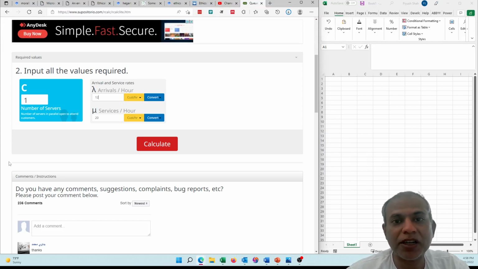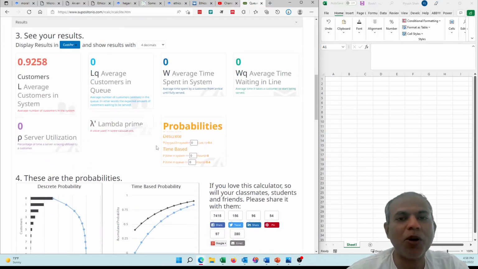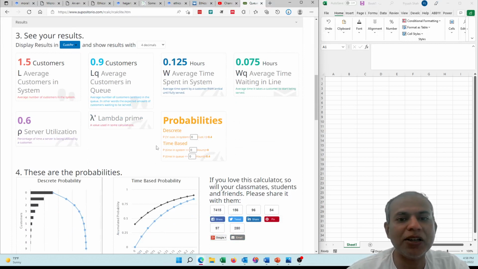This is the imperfect world where the arrival as well as service are variable. So I would calculate this for the M/M/1 model, and the system tells me that on average, my customers are going to wait for 0.125 hours. I am going to put that in my Excel sheet here and see where it goes.